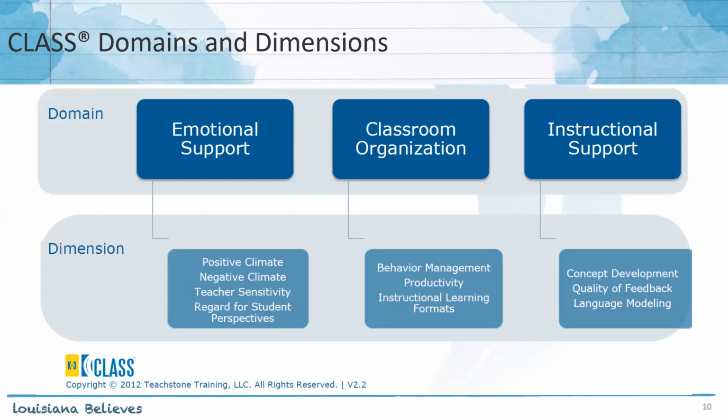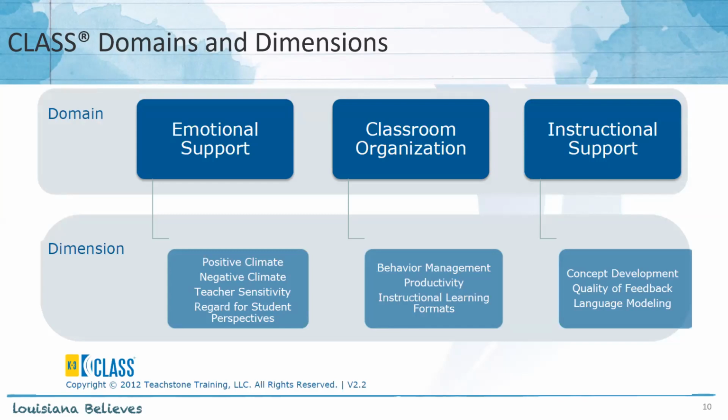So looking at emotional support, the things we want to see are high positive climate, low negative climate, teacher sensitivity, and regard for student perspectives. And I just want to take a quick moment here to note that the negative climate dimension would be the only place we want to see a low score. All of the other areas we're looking for high numbers.